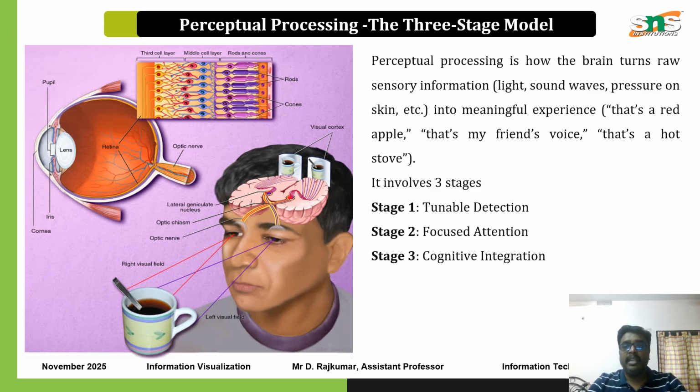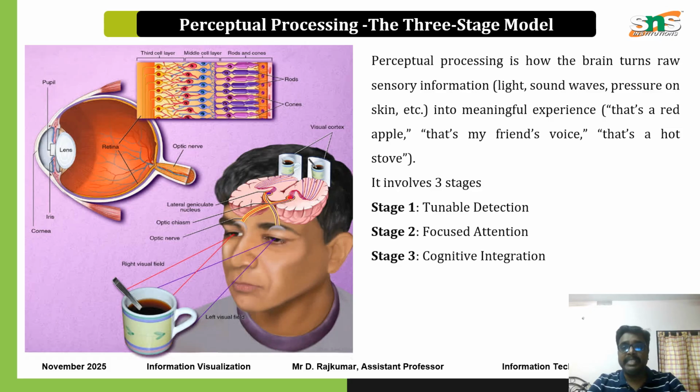For example, after looking at an apple, our brain decides that it is a red apple, or identifies a friend's voice, or identifies a hot stove. This is what we call perceptual processing: how our visual information is processed in the brain. This is what we are going to discuss.